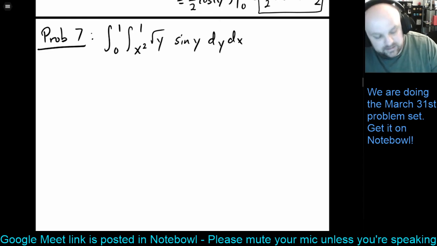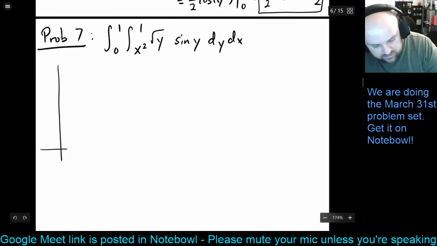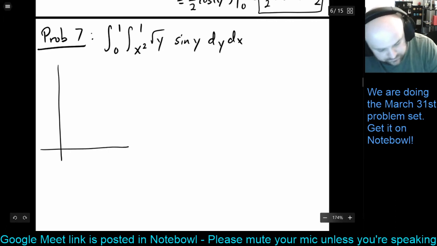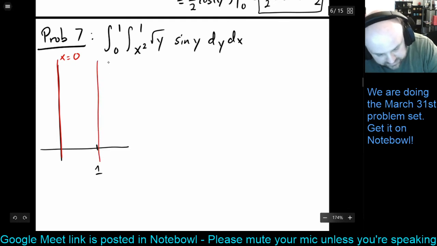So again, important to graph your region of integration here. Very important. So here, x again is going from 0 to 1. Here we have x equals 0, x equals 1.